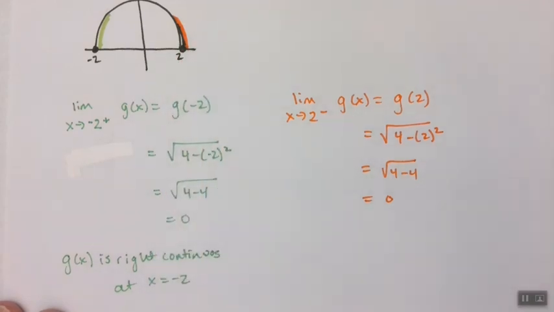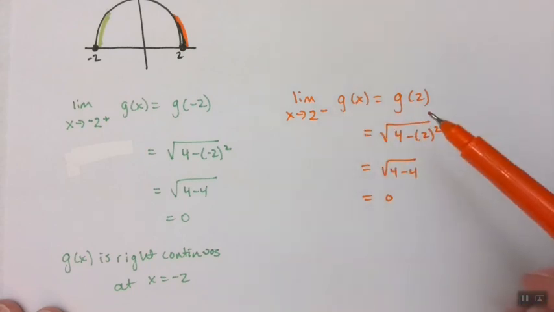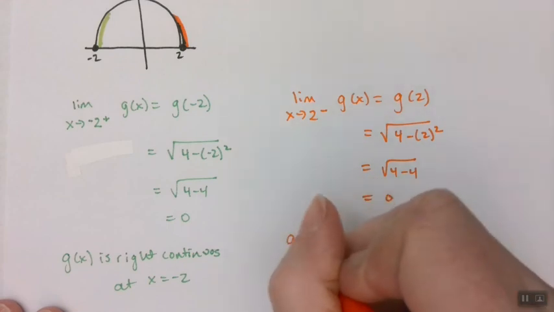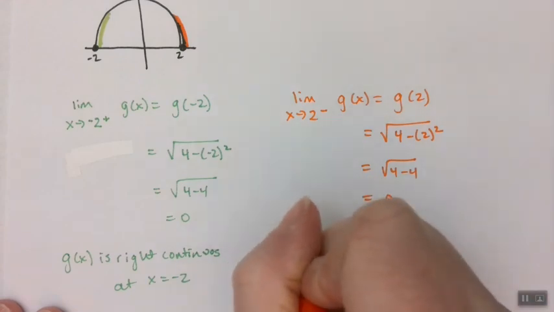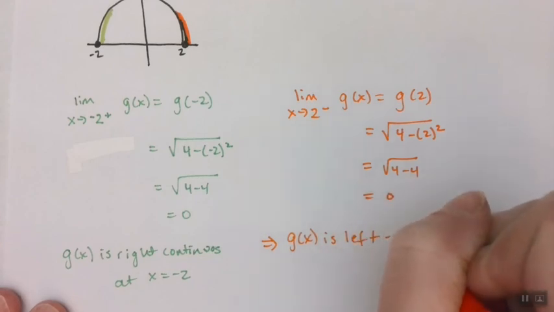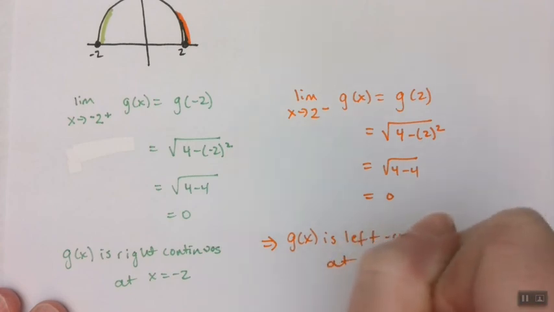In other words, I'm sort of direct substituting. I'm actually finding both sides at the same time because they are one and the same. I can tell when I look at the graph. So this implies g of x is left continuous at x equals 2.